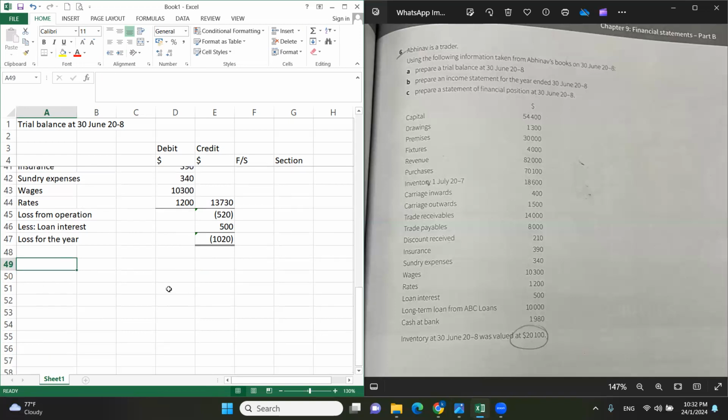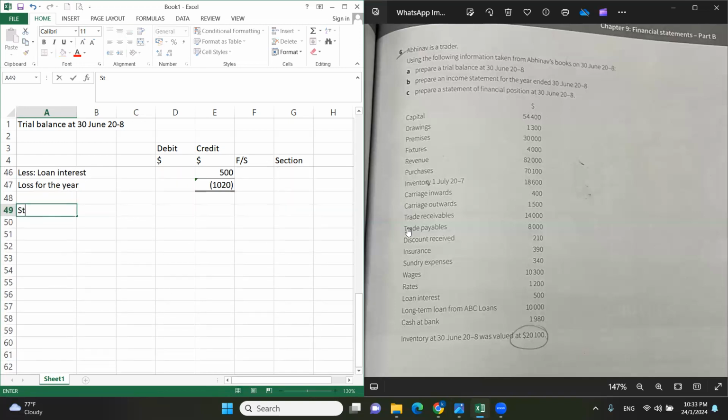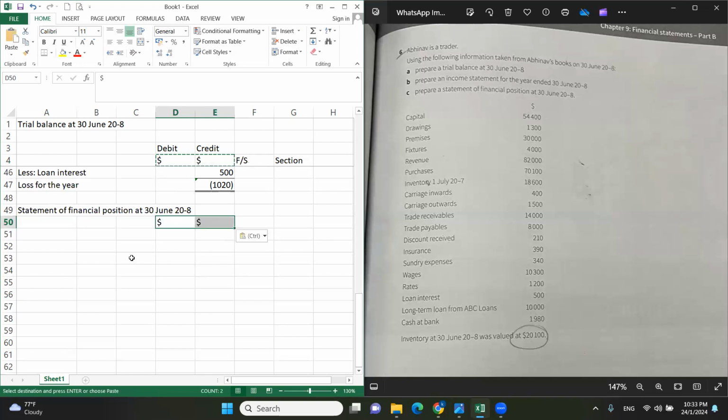Okay, now we go to the statement of financial position at 30th June 20-8. So total, this one 2 column enough. Don't need to be 3 column. Start with the non-current asset.